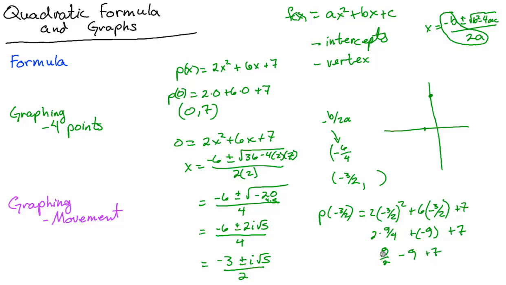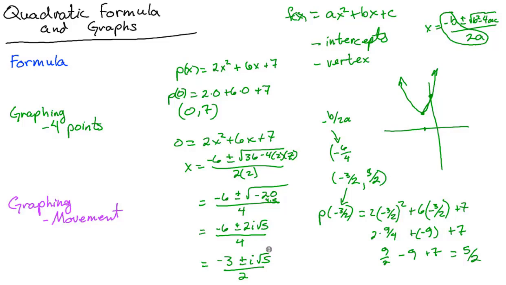So if we turn all these into halves, 9 over 2 minus 18 over 2 is negative 9 over 2. Plus 7 is positive 5 over 2. So that is the output for sticking in negative 3 over 2 for x. We get that output, so we're up here at about 5 over 2. And so come down here and make it a U, not a V. And that's our parabola. We don't have any x-intercepts, and you can see that in the imaginary root.